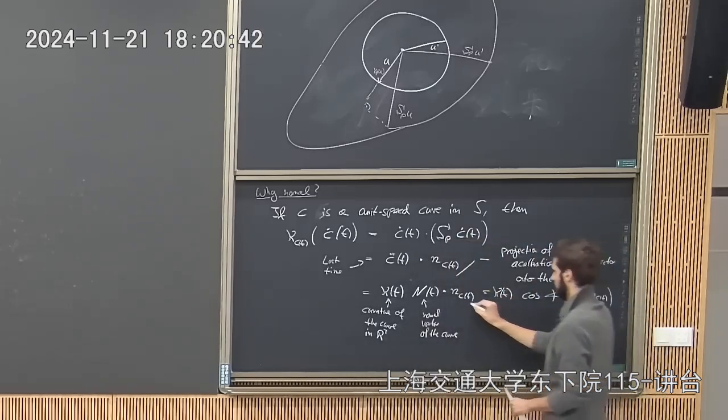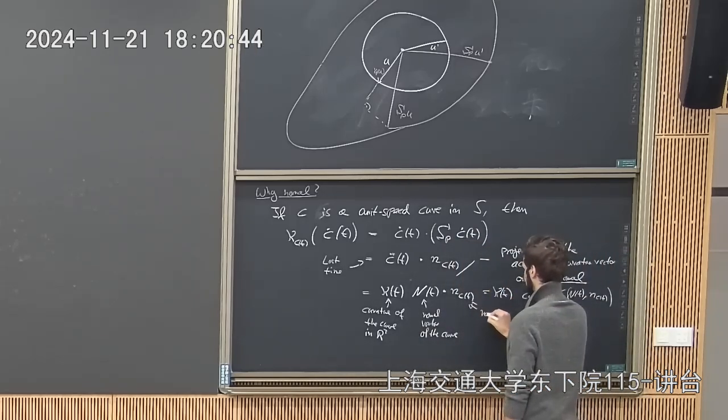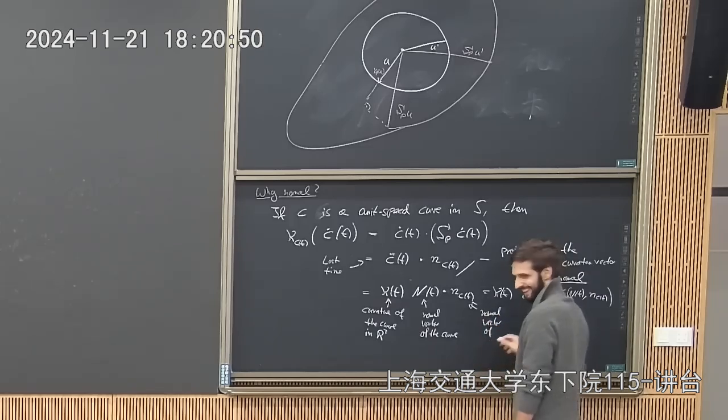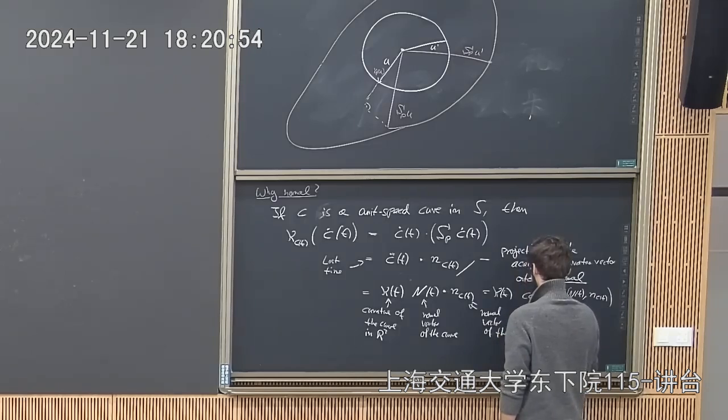And that, just for completeness, is the normal vector of the surface.